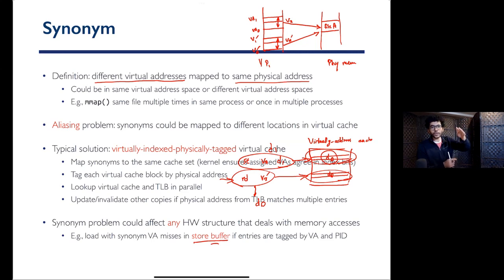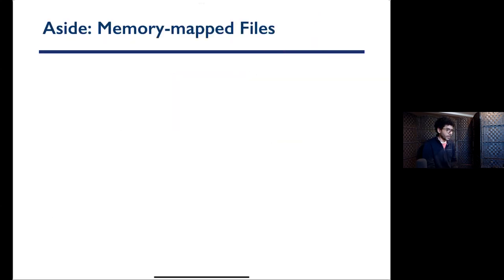Instead of first waiting for the translation to then go to my cache, I go to my cache first using my virtual address, and in parallel, I start translating to physical. And then at the end, once I have the physical and once I have the data, I check to see if the tag of the data I got matches my physical address tag. And if so, then I'm fine. So it's making it from sequential, first doing the address translation and then going to cache, to parallel, which is where we get the speed up.